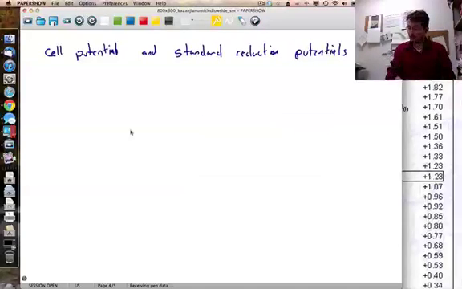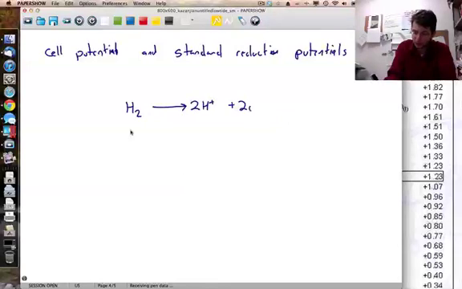We've defined the zero point, the chemical reaction that has zero potential, as the following: hydrogen gas going to 2H+ plus 2 electrons, as having a potential equal to 0 volts. What that means is that the reverse reaction also has a potential of 0 volts as well.